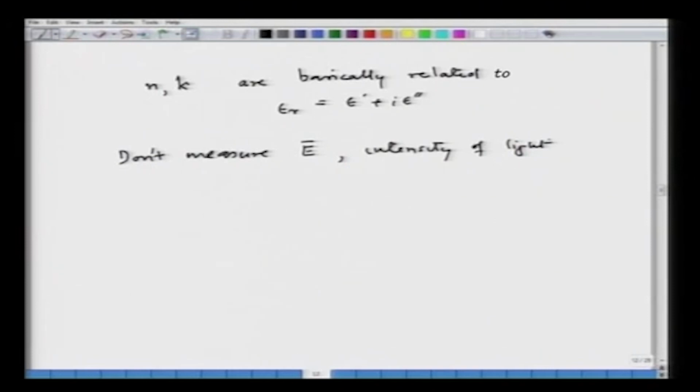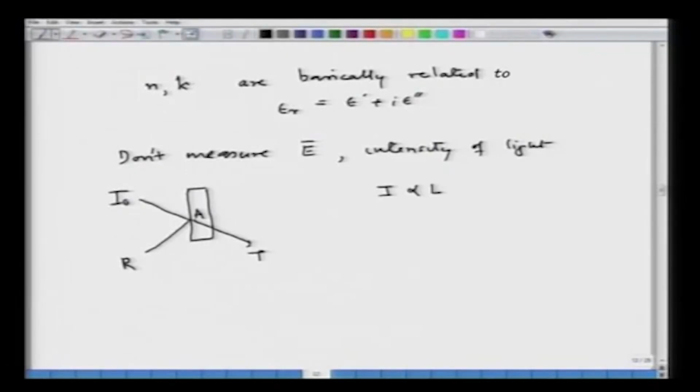So, in any optical experiment in which we are looking at how light is being reflected, transmitted or absorbed inside the material, we are actually measuring the intensity of light. Now, how is the intensity of light related to the EM wave equation? Intensity of light is proportional to E square.